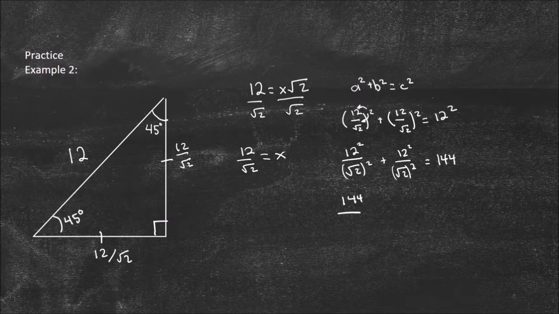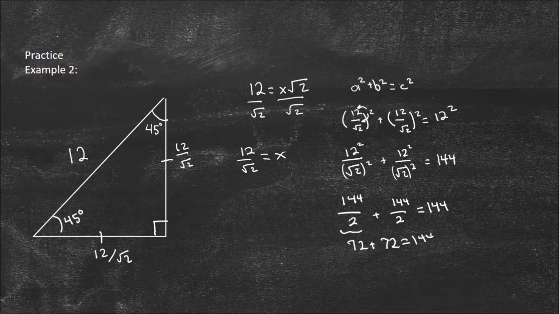It'll be 144 divided by, remember the square root and the square cancel, so it's just 2, plus 144 divided by 2 equals 144. And this is true because this becomes 72, and this becomes 72, and that adds up to 144. So that means we got it right when we said x is 12 divided by the square root of 2. So we're good to go.